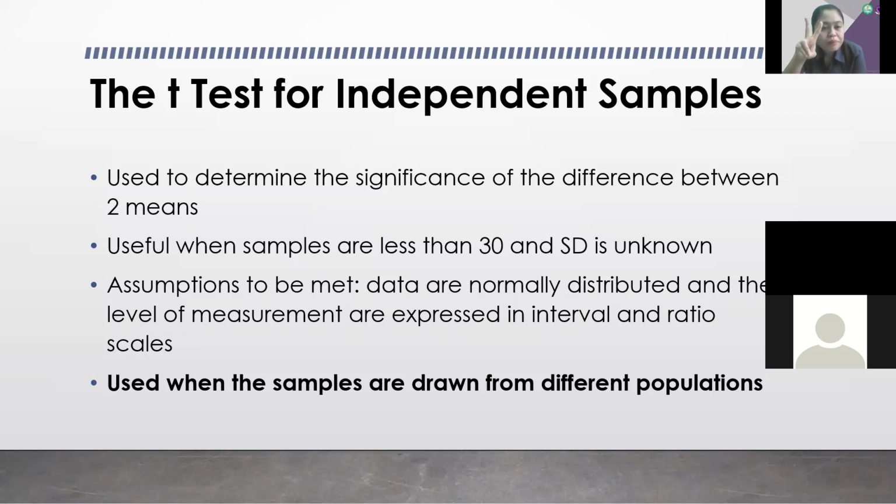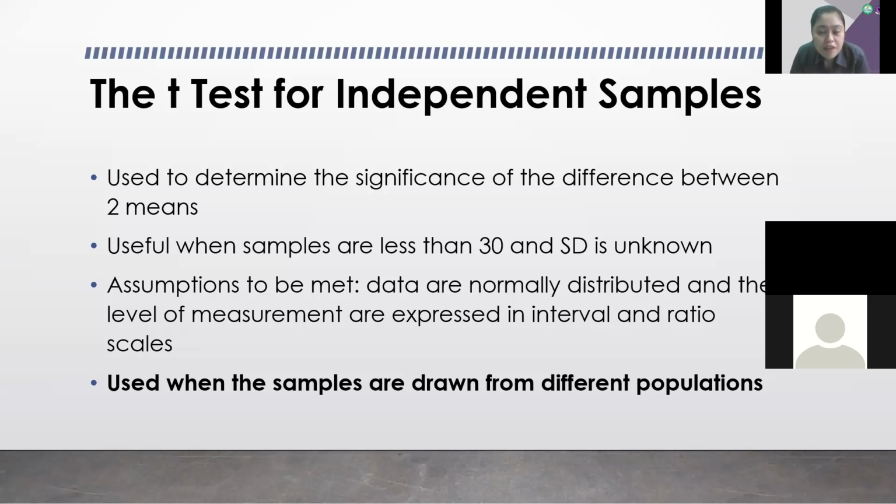Number two, if we only have small sample, then we can use the independent sample t-test. So like mga less than 30, yes, you can use the independent sample t-test. Pero pwede din naman siyang gamitin pag mag more than 30 siya. It's just that t-test can be used even if konti lang yung sample natin.